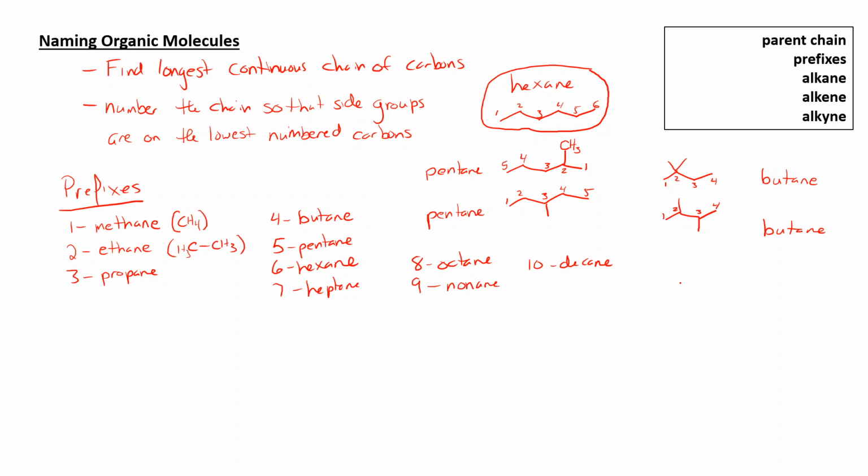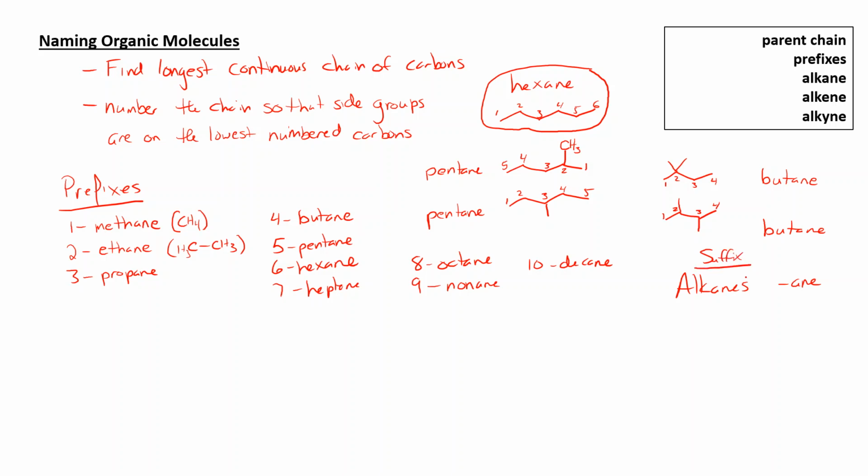In these cases, because we're dealing with alkanes, as you recall from a couple slides ago, alkanes are compounds that have nothing but sigma bonds in them. Alkanes always have the suffix ane. So the suffixes are going to be over here.